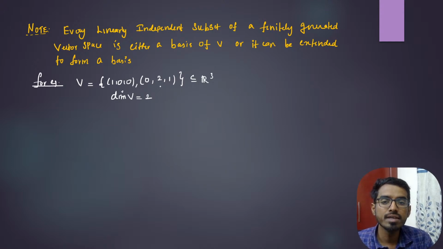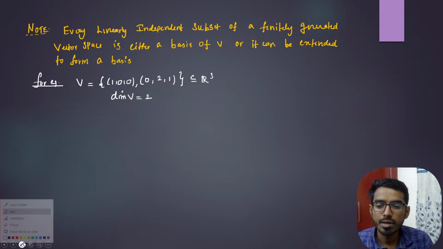Even though it is a linearly independent set, it is not a basis, because to be a basis, it has to be linearly independent and it has to span the entire vector space. That is, L of S has to be equal to V. The linear span of this has to be equal to R3, right?